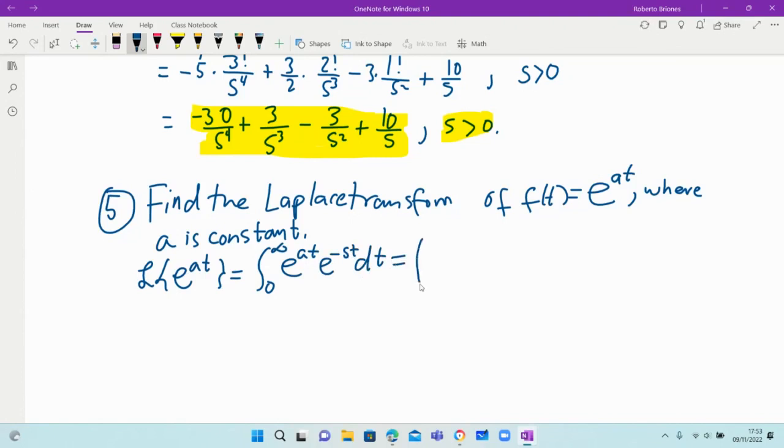If I do a little bit of combination of the exponential terms and a rearrangement of the powers of the base e, then what we get is the following. So we are considering the integral from 0 to infinity of e raised to the negative quantity s minus a times t dt.